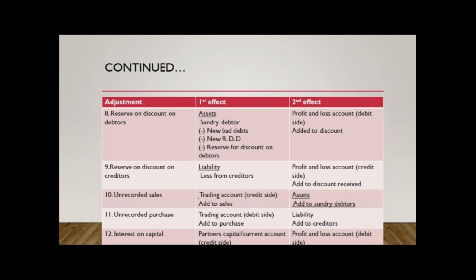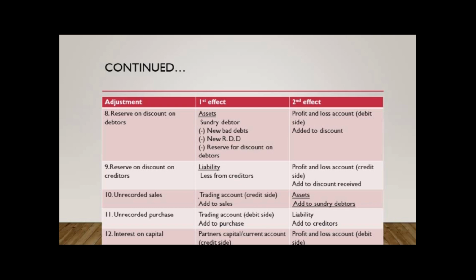Now the next is unrecorded purchase. Unrecorded purchase means on the last date of the business, the company has purchased raw material as all books of account are closed. So finally this amount we are going to add to our purchase. So therefore on the trading account debit side we are going to add this unrecorded purchase, and then we will minus purchase return if it is given.